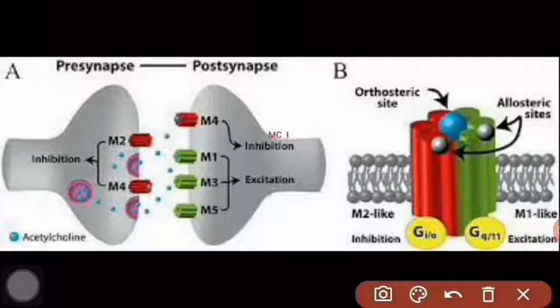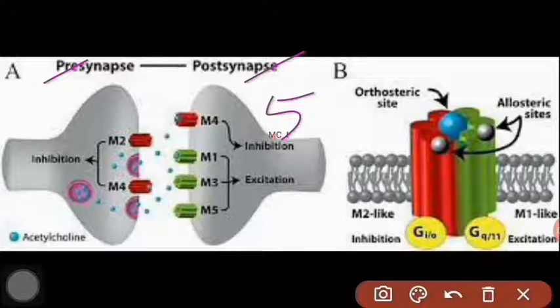The presynapse and postsynapse have receptors for acetylcholine, namely muscarinic receptors. These are made of 5 different subtypes.